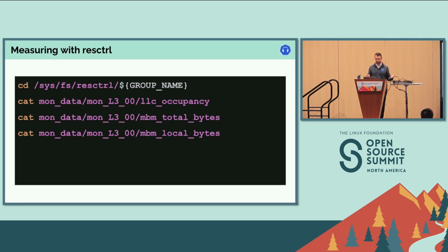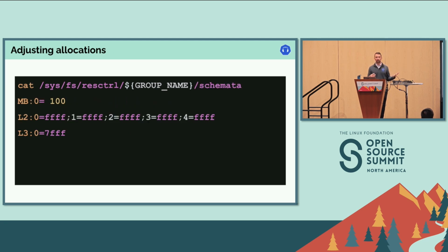So great, we have this. The limits are also pretty simple. There's a file there, schemata, an inode where you can read it to see the current state. You can see 3 types of limits. MB is memory bandwidth. Here it's set to 100%. You can write 20, and it would allocate 20%.